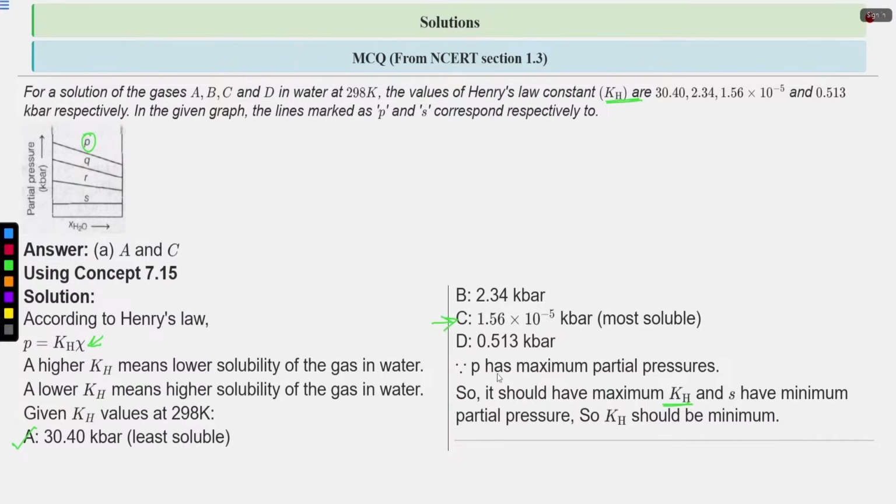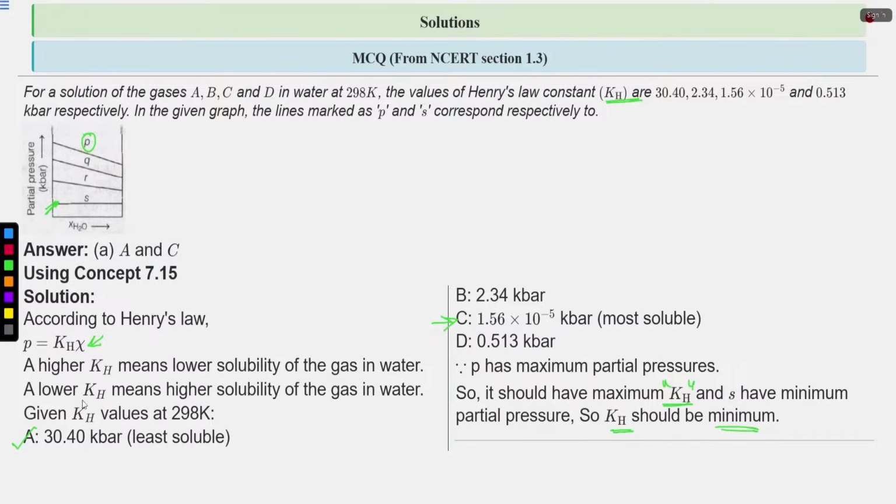So since P has the maximum partial pressure, it should have the maximum KH, and S has the minimum partial pressure, so its KH should be minimum.